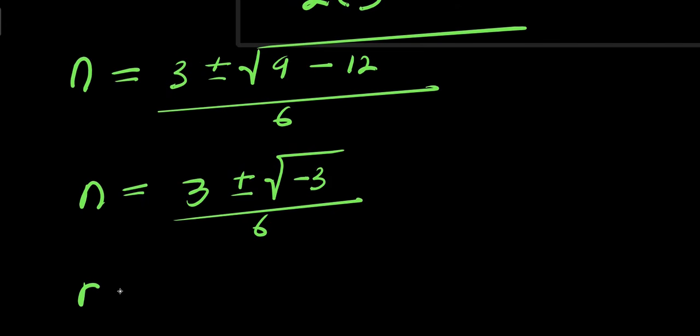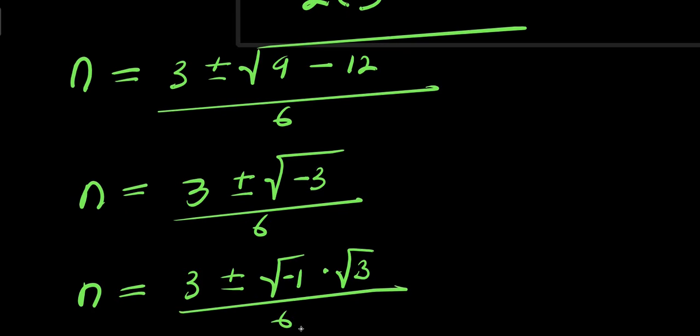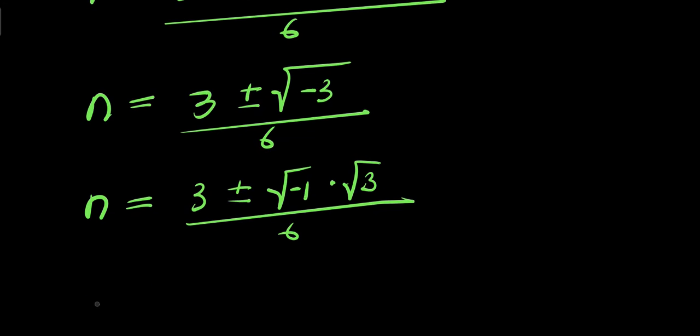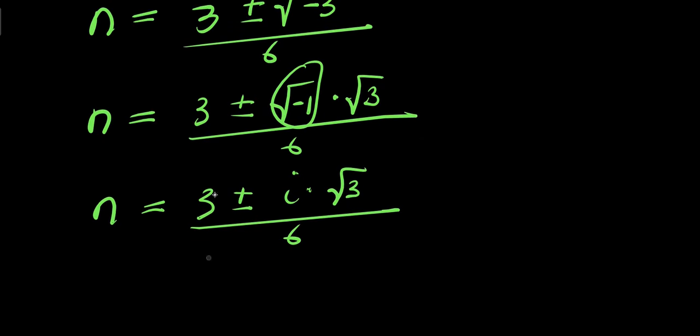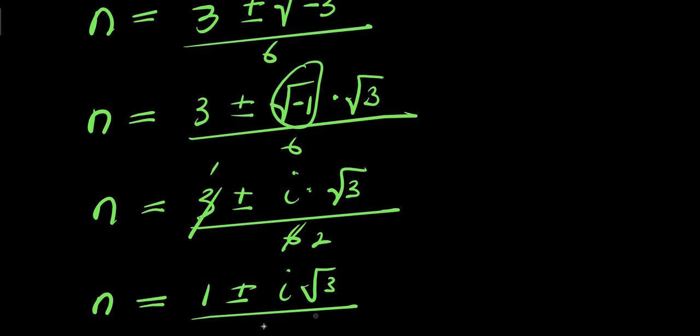So I have n equals 3, plus or minus square root of negative 1 times square root of 3, because of this minus, divided by 6. From here, n equals 3, plus or minus square root of negative 1, here is i, times square root of 3, divided by 6. So 3 cancels the 6, we have 2. We have n equals 1 plus or minus i root 3, divided by 2.